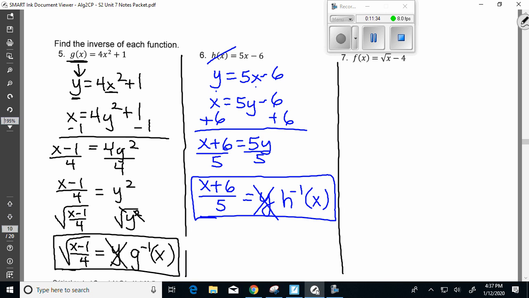So last but not least, let's take a look at example number 7. Let me throw the answer up here in the event that you've already started the problem.